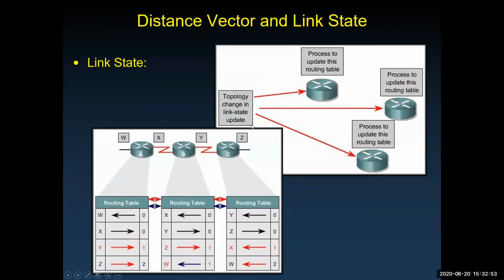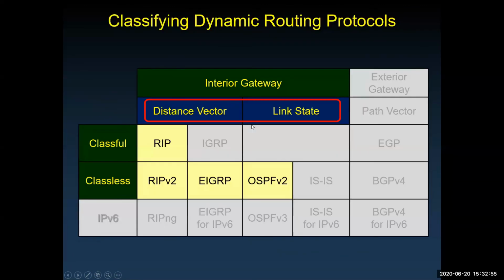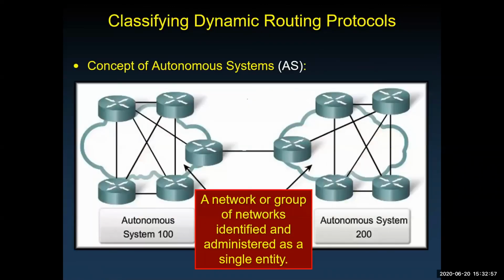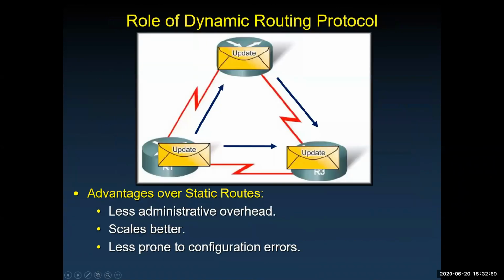Let's say, I'll have a demo later. R1 to R2, R2 to R3 is two hops to R3. Why not just cross directly from R1 to R3? That's the shortest hop, the minimal hop. So if you're using RIP, shortest hop.